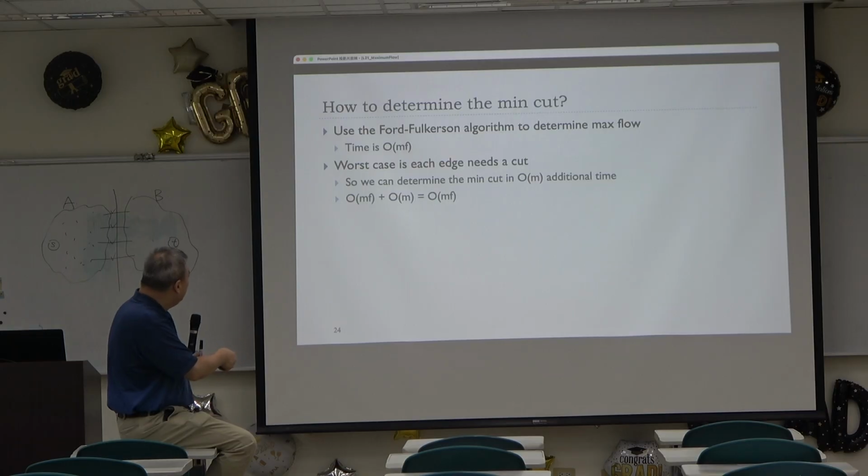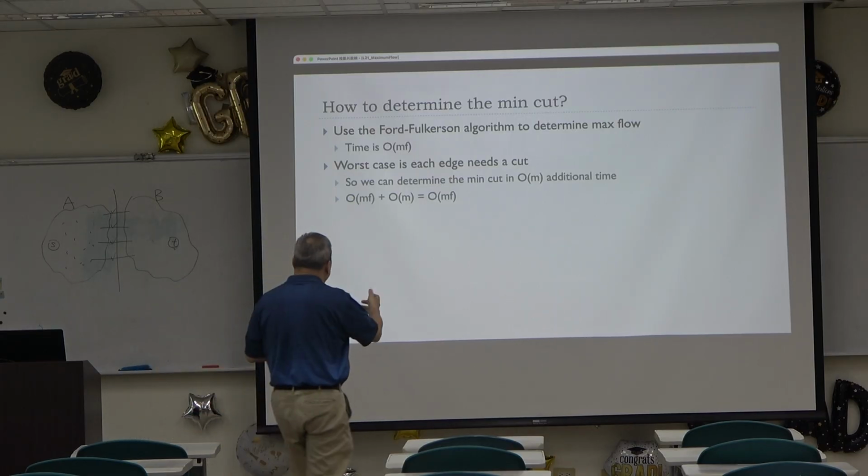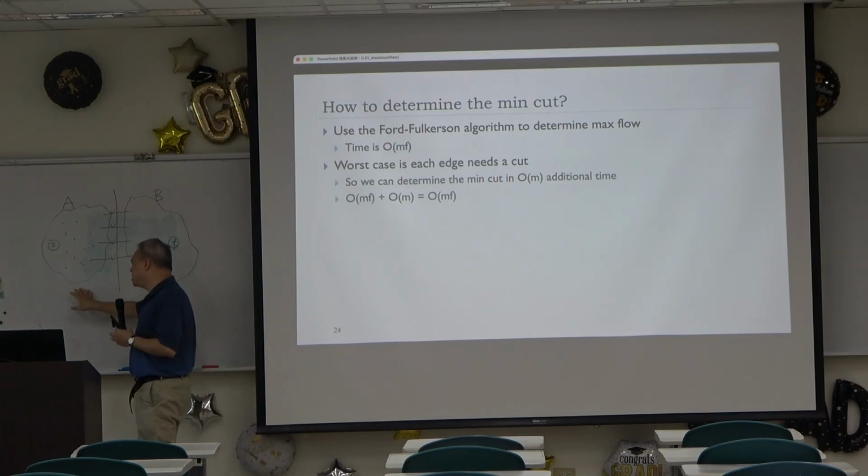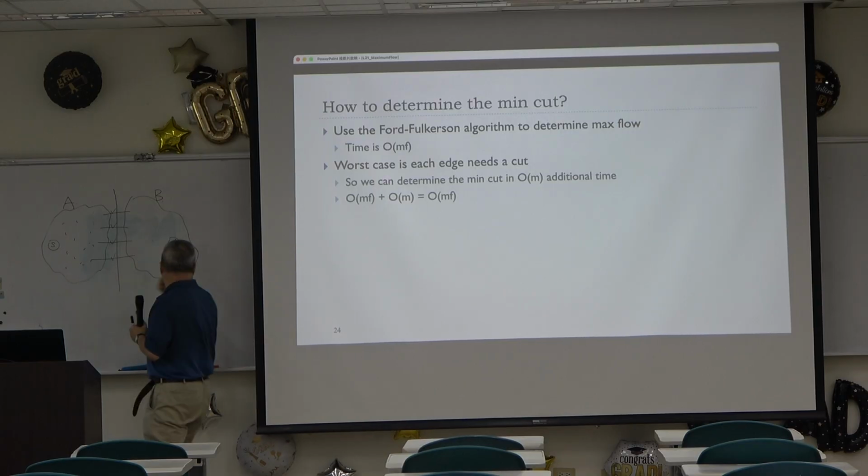And then starting from S, we use either breadth first search or depth first search again to reach out. It's another depth first or breadth first search, which is O(E plus V), and V is small, so basically it's O(N) here.